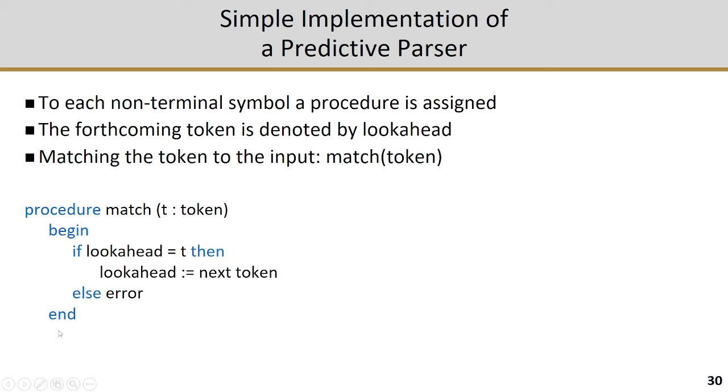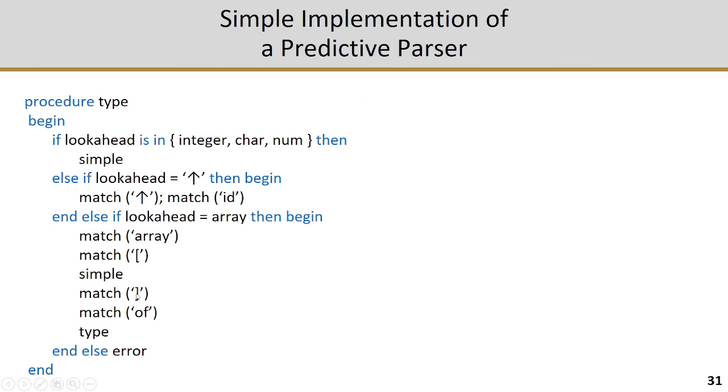We have a function called match, which compares a certain token with the one on the input, and if the expected token does not match the one at the input, this function raises an error message. And as I mentioned, all the other procedures are assigned to the non-terminals.